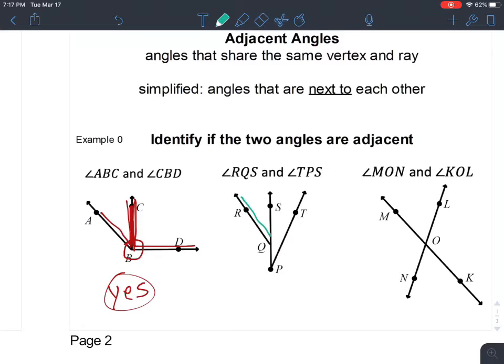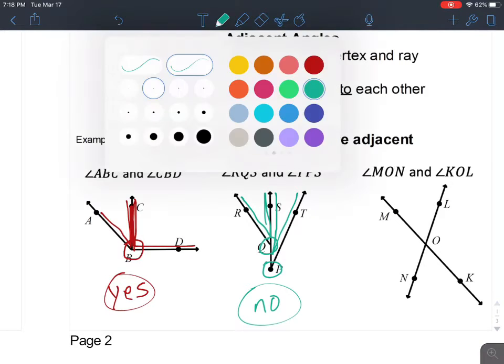Then for the second one, we have RQS as an angle, and then we have TPS. The problem is that these do not share a vertex. The angle on the left has a vertex at Q, the angle on the right has a vertex at P, and because they do not share a vertex, they are not adjacent angles.